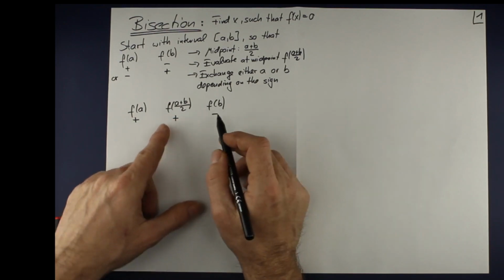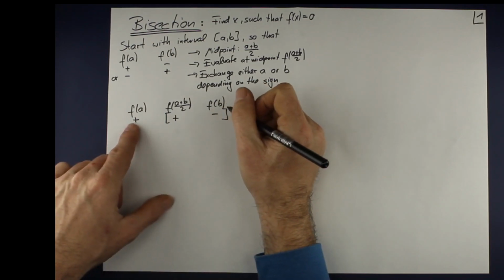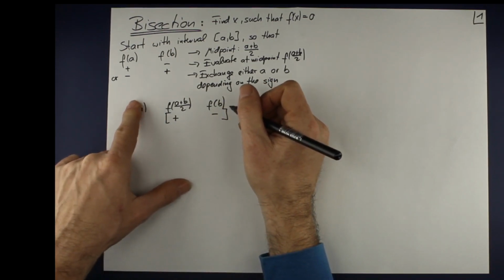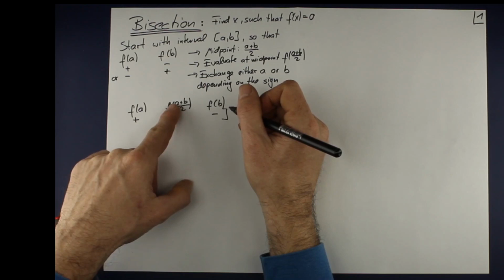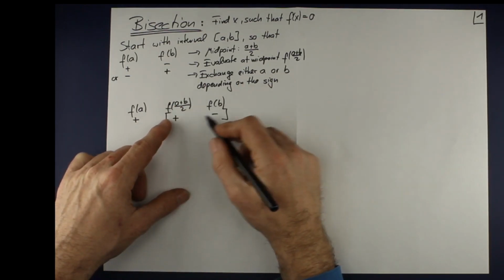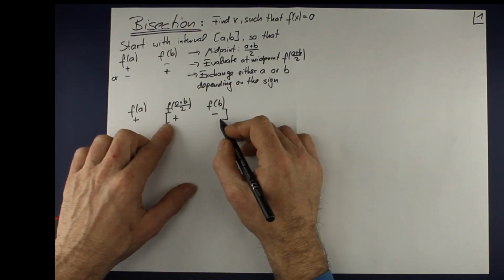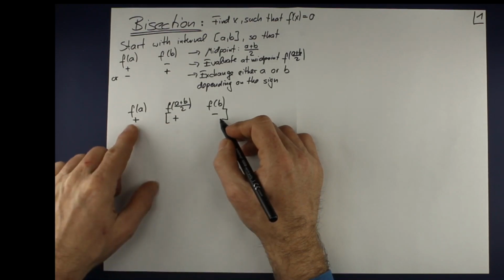Now we can take this interval, we throw away this a and replace a by (a plus b) halved, and then we have a new interval, and in this interval there is 100% a root, and the length of this interval is only half of the one before.